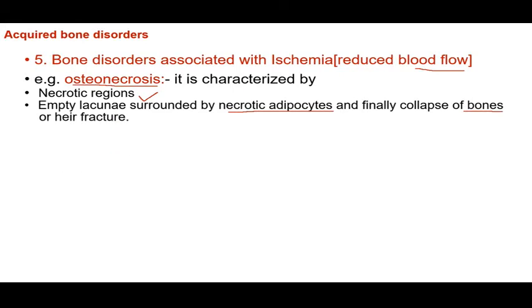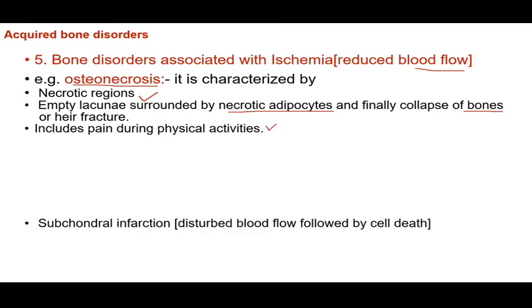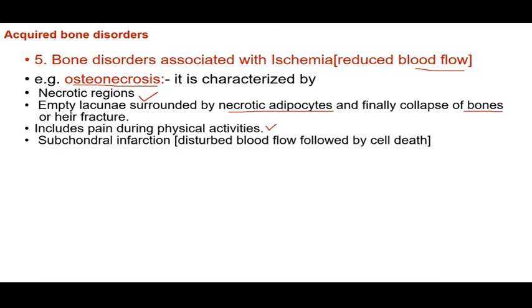The symptoms depend on the location and extent of the subchondral infarction, as disturbed blood flow is followed by cell death. These generally include chronic pain during physical activity. Secondary osteoarthritis are other symptoms.